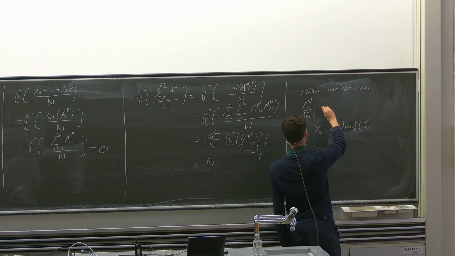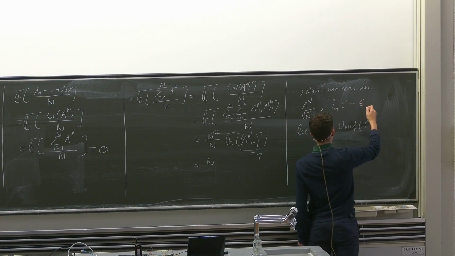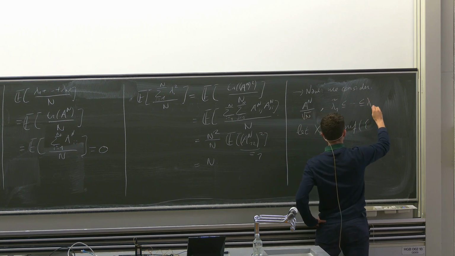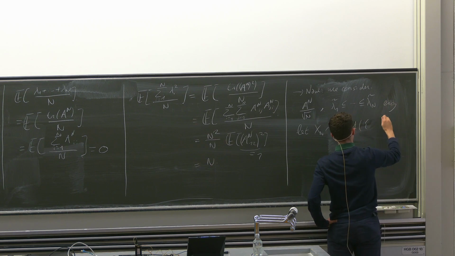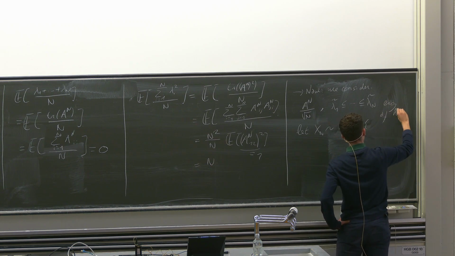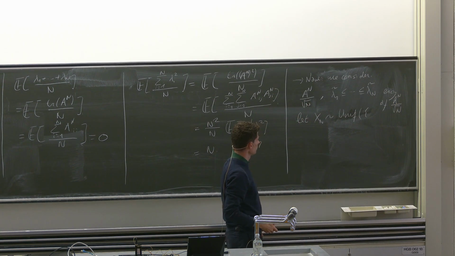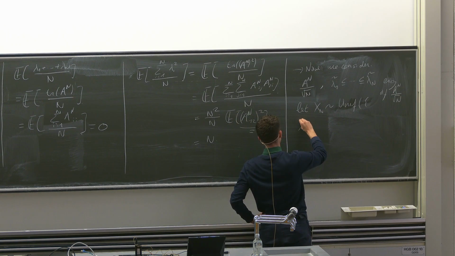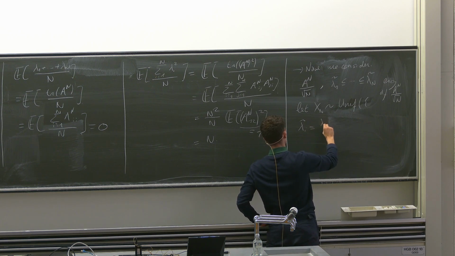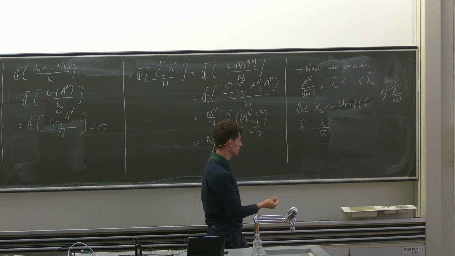Let me introduce them: lambda 1 tilde, and so on, the ordered eigenvalues of A_n divided by square root of n. These are the eigenvalues of A_n divided by root n. Can you see? And then we also have the relationship that lambda_i tilde is just equal to lambda_i divided by root n. We just rescaled the eigenvalues for all i.